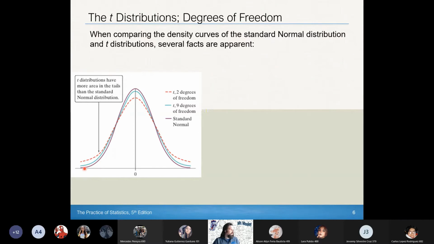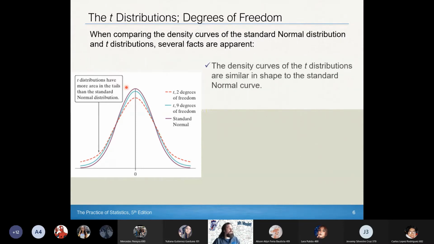We have 9 degrees of freedom with this other dotted line here. T-distributions have more area in the tails than the standard normal distribution, which is why they're higher here, lower here, right? It still has to be 100% of the area, so they get smushed down and get longer, fatter. The density curves of the t-distributions are similar in shape to the standard normal curve.